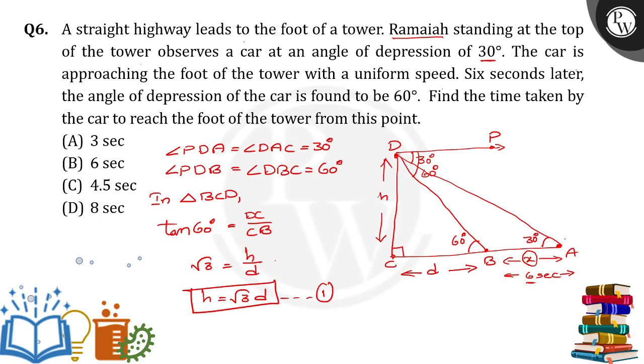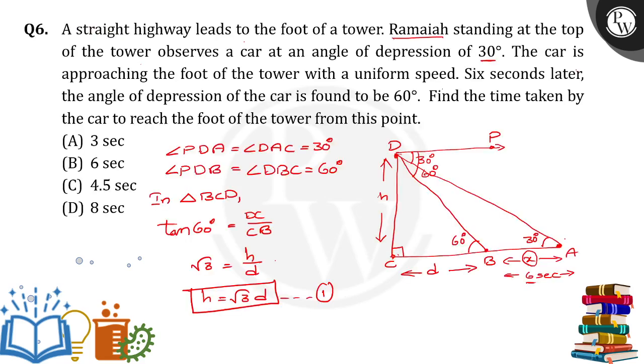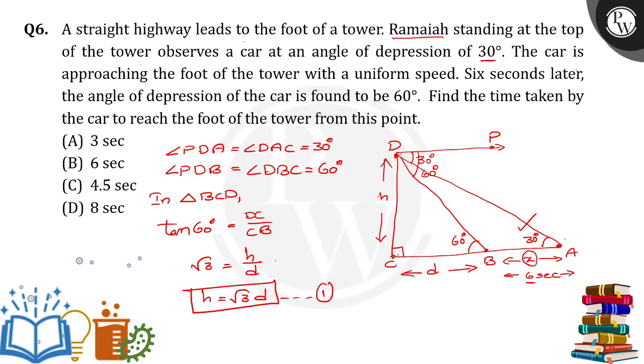Next, taking another triangle, DCA, the bigger upper triangle. In triangle DCA, the angle is how much? 30 degrees with us, right? So if I apply tan, tan 30 degrees is equal to opposite DC by AC.